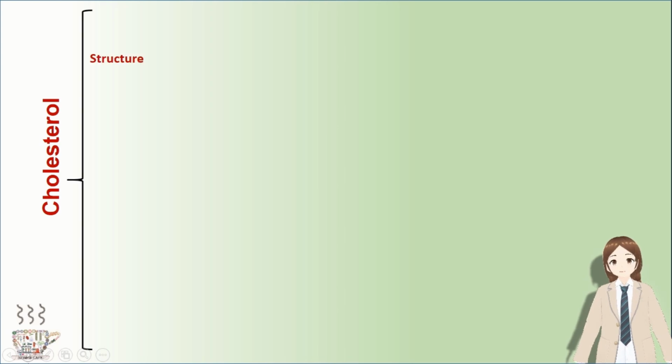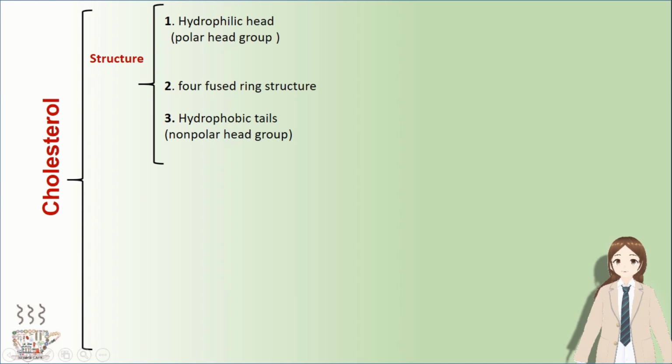Animals' plasma membranes contain a specifically large amount of cholesterol. Cholesterol structure. It has hydrophilic head or polar head group for fused ring structure and hydrophobic tails or nonpolar head group.